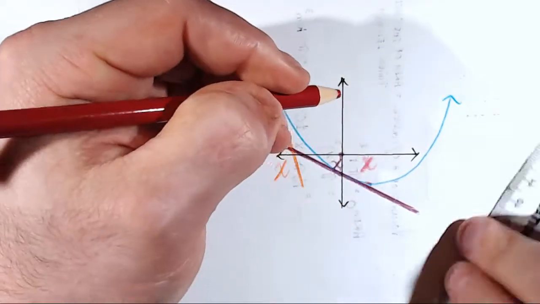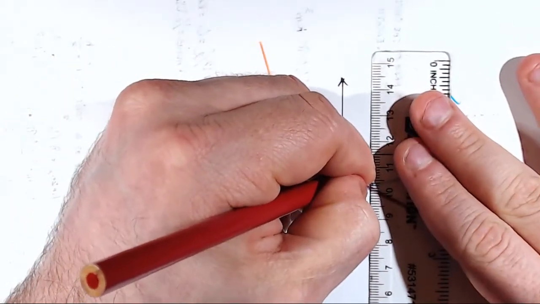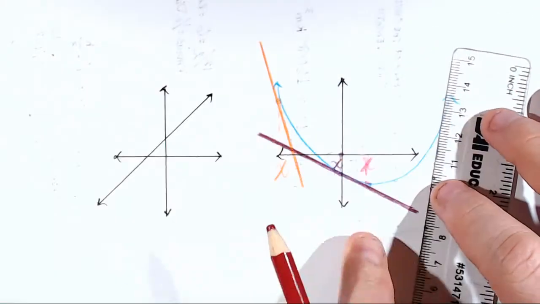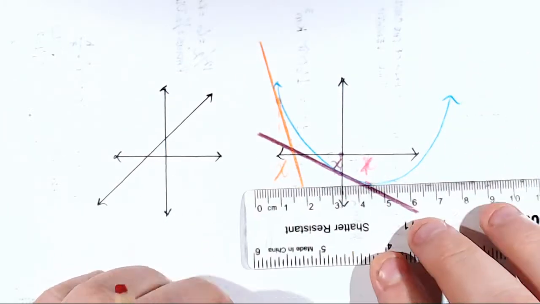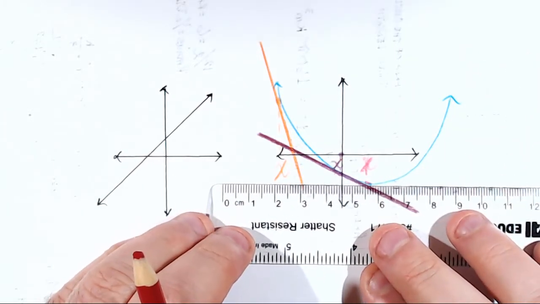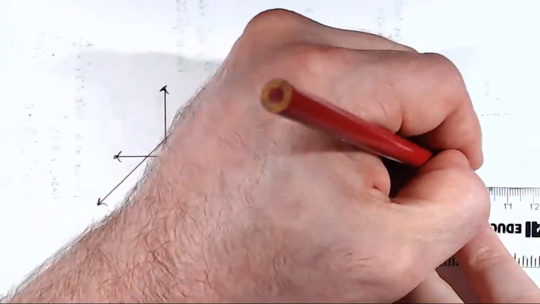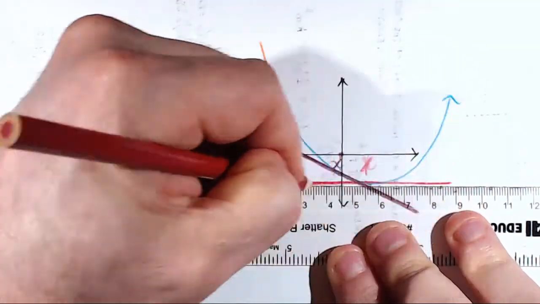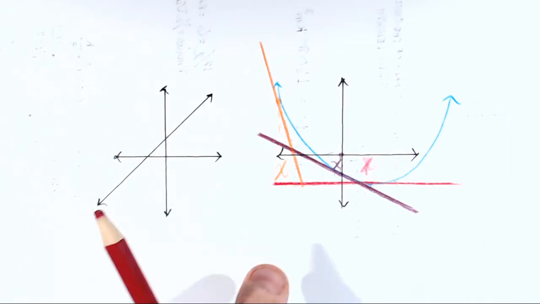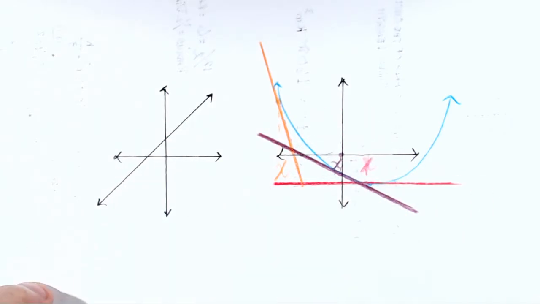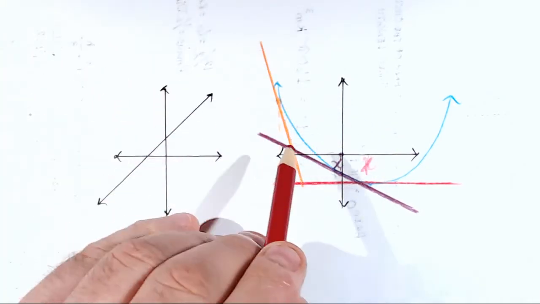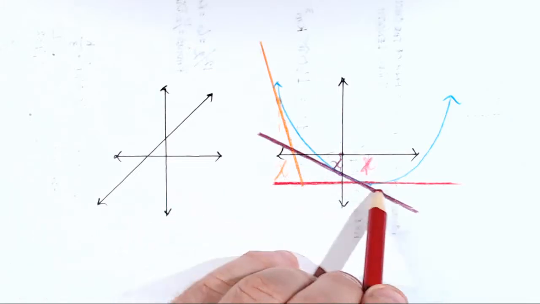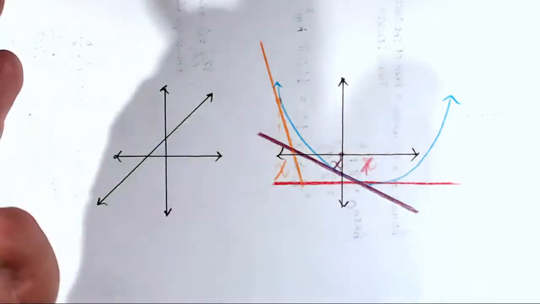Okay, I'm going to go down to where the x intercepts that quadratic function, and now the only thing I can do is draw a perfectly horizontal line. Okay, so for a perfectly horizontal line, the slope is 0. So we went from a big negative slope to a shallow negative slope to 0 slope.